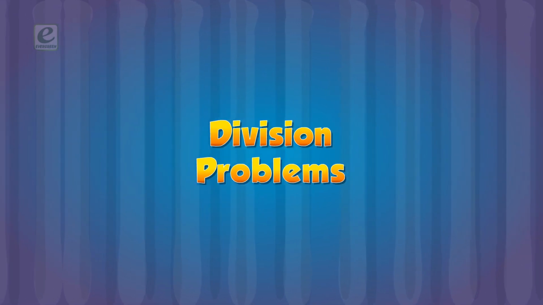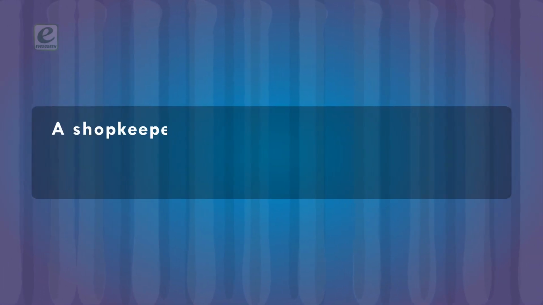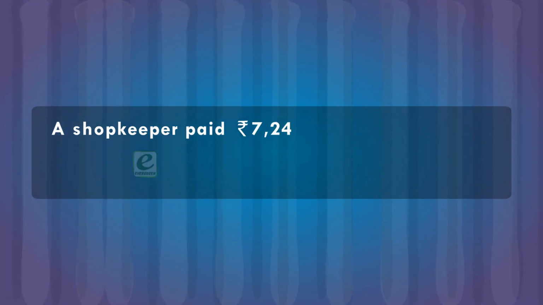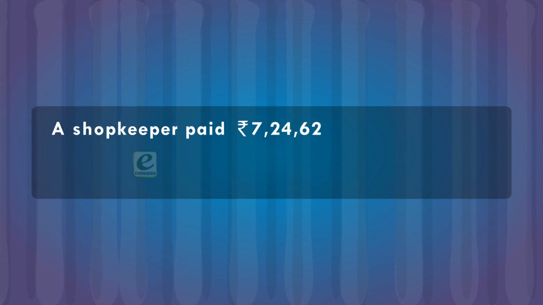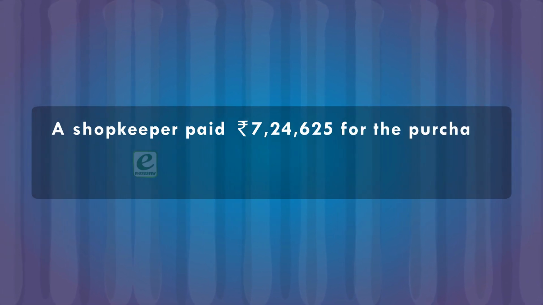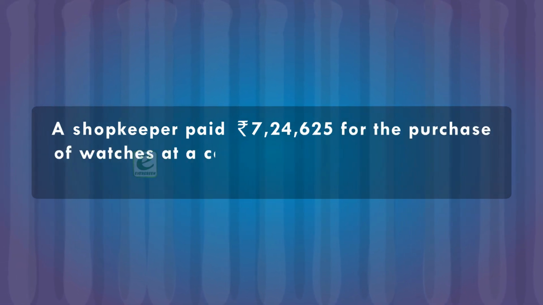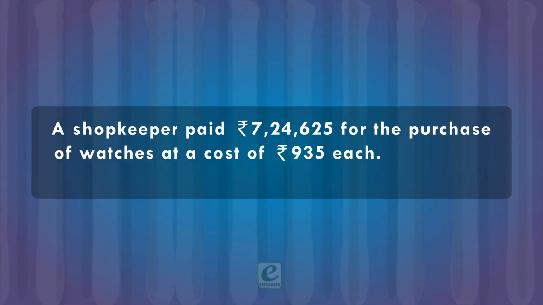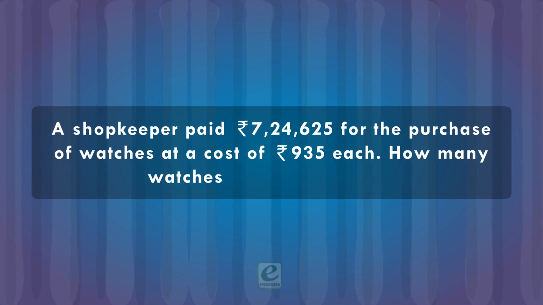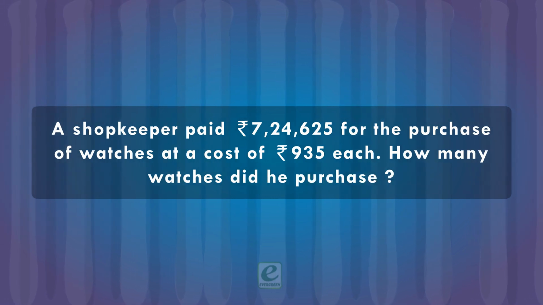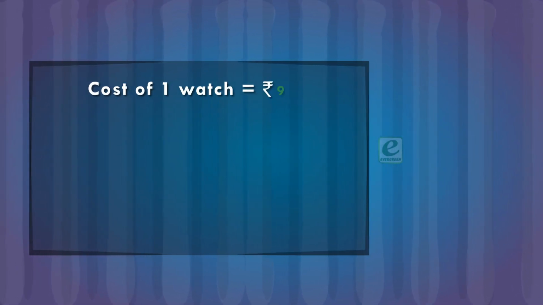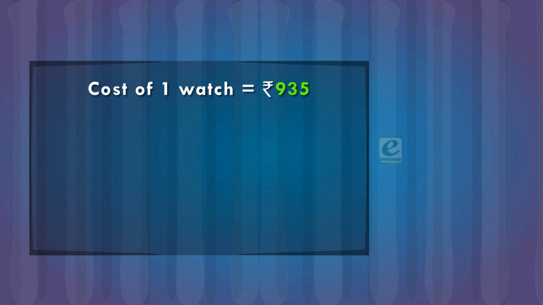Division problems. A shopkeeper paid rupees 7,24,625 for the purchase of watches at a cost of rupees 935 each. How many watches did he purchase? Solution. Cost of one watch is rupees 935.